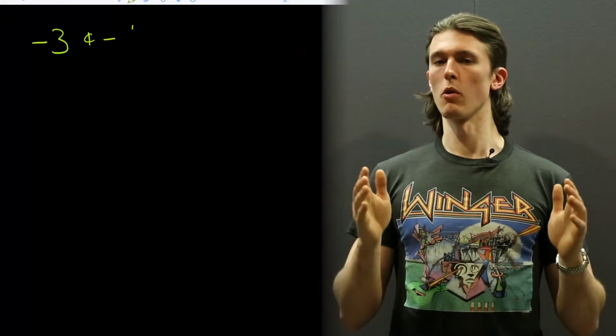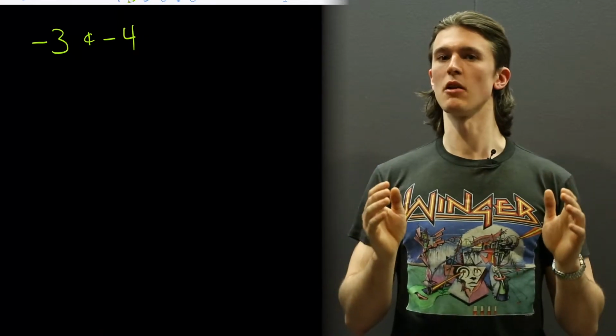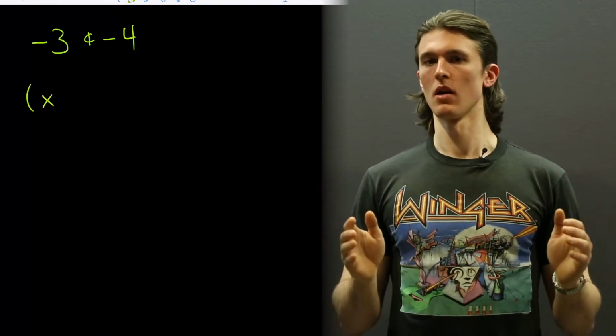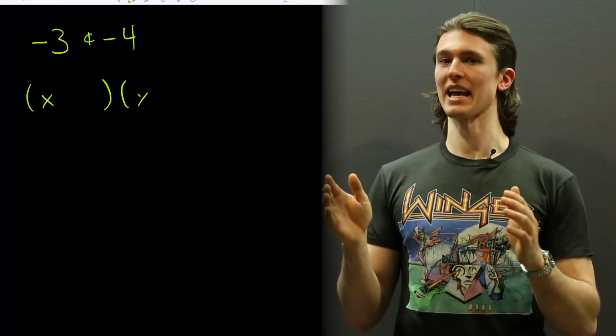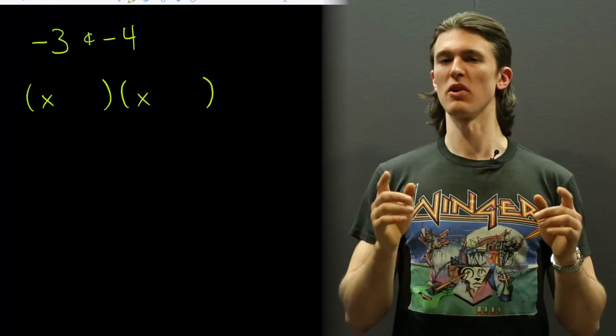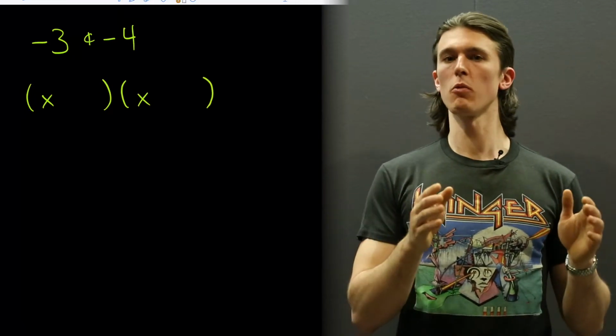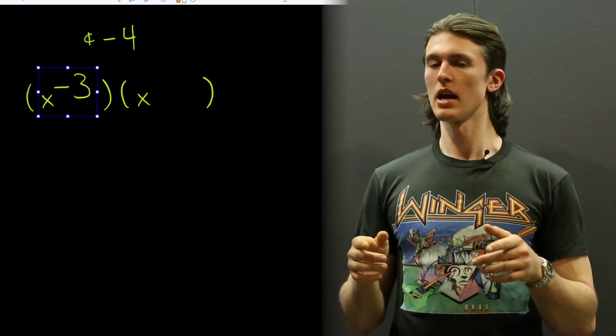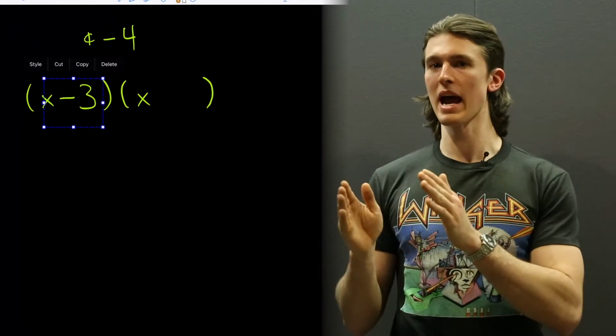So then the question becomes, well, what do we do with them? With this negative 3 and this negative 4, we're going to write them in what we call factored form. Factored form has two brackets that are written next to each other with an x at the front. And what we do is we take our two factors and plug them into each bracket.